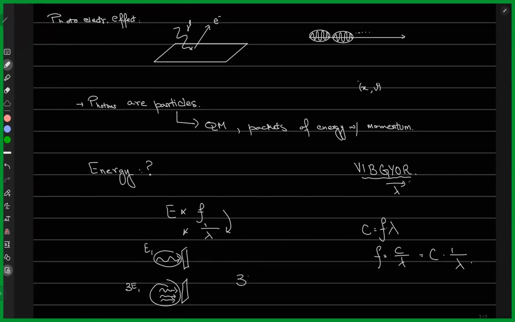Obviously 3 times E1 is greater than E1. The photons were still the same color, but by increasing the number of photons that I throw at a surface, I can increase this energy, because it would become 3 times E1 if for a single photon the energy is E1.